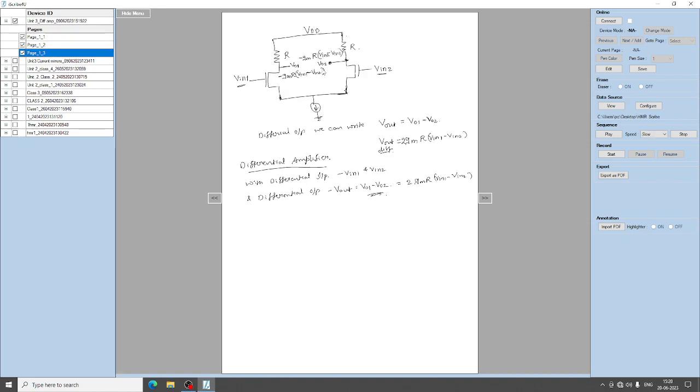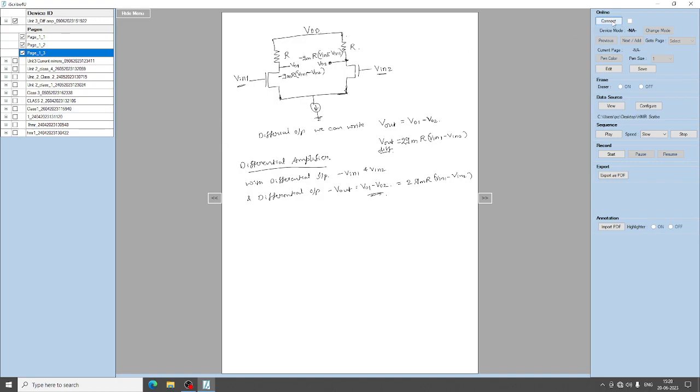This is the differential output that you get, which is VO1 with respect to VO2. The differential output is 2 times gm times R times Vin, if the input is Vin1 and Vin2, right? So this is the differential amplifier we have discussed.